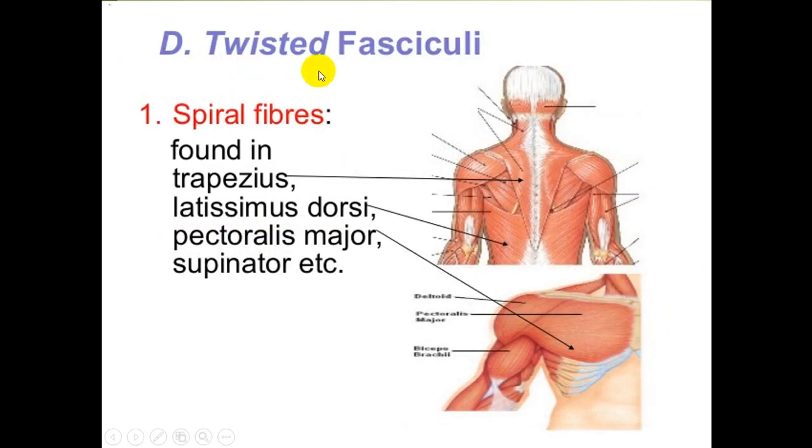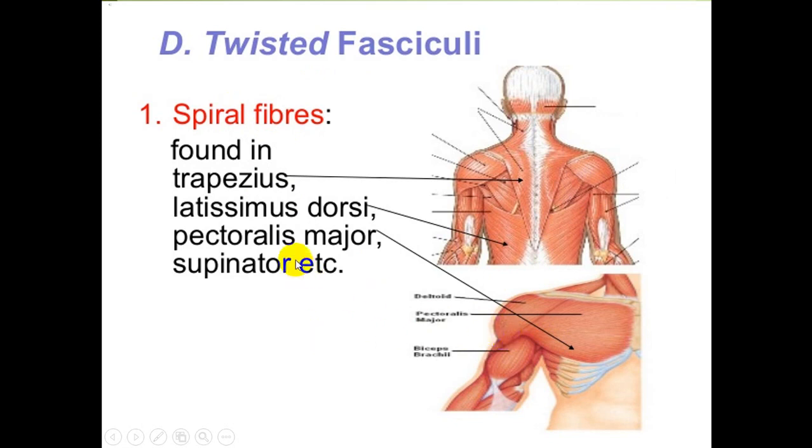There can be a different category for muscles which have twisted fascicles. The first subcategory is the spiralized or spiral muscles. In these muscles, the muscle fascicles twist or spiral around their own axis or along another muscle.